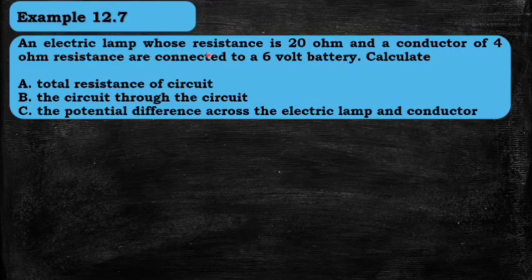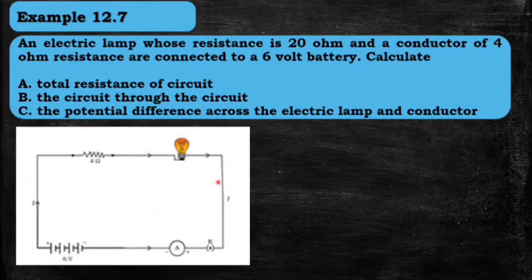An electric lamp whose resistance is 20 ohm and a conductor of 4 ohm resistance are connected to a 6 volt battery. This is the diagram. This is the 6 volt voltage source and the 4 ohm resistance.